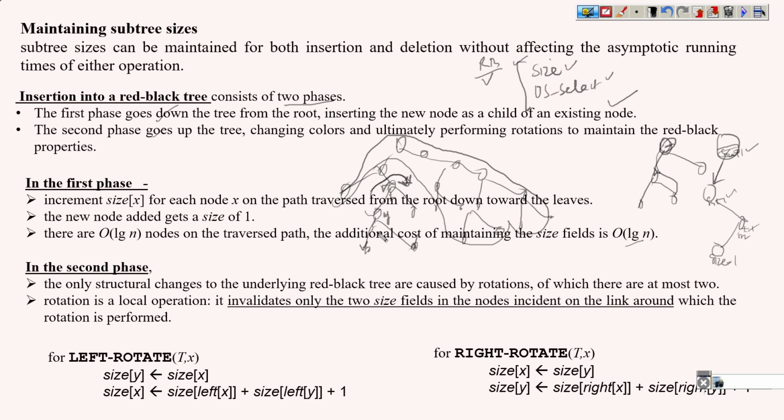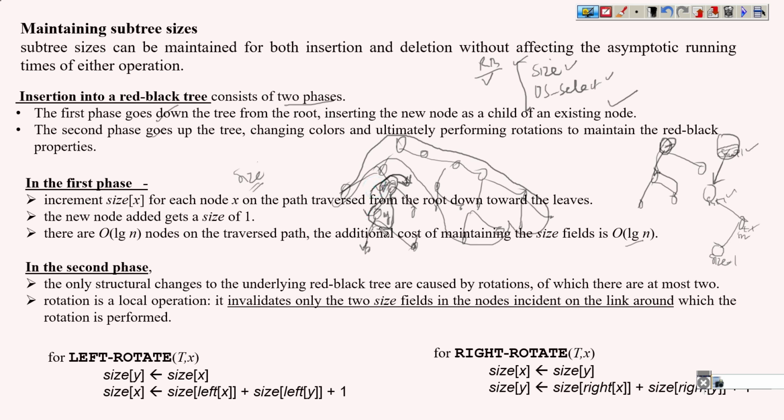If you look, only these two nodes, x and y, are getting impacted by the rotation. This is going to change its position, meaning the new structure that we get has only impacted these two nodes. And the size field of these two nodes is going to be affected. So whenever we are doing rotation, we need to only do some extra job for these two nodes.